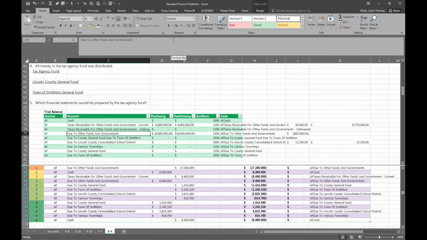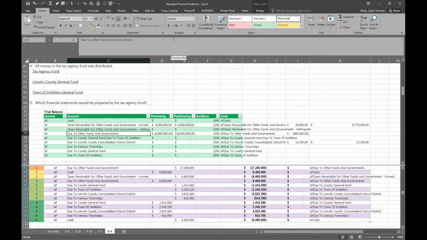All right, at the year end, all current taxes were recorded as delinquent. So you have to clear out the receivable current account and put it all in the receivable delinquent account, and do the same thing for the estimated uncollectibles: take it out of the estimated uncollectible receivable account and put it in the estimated uncollectible delinquent taxes receivable account.